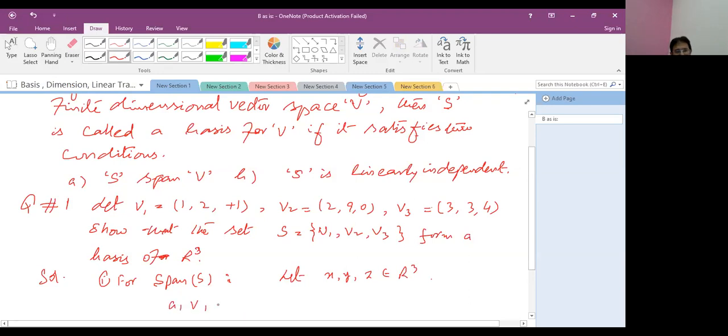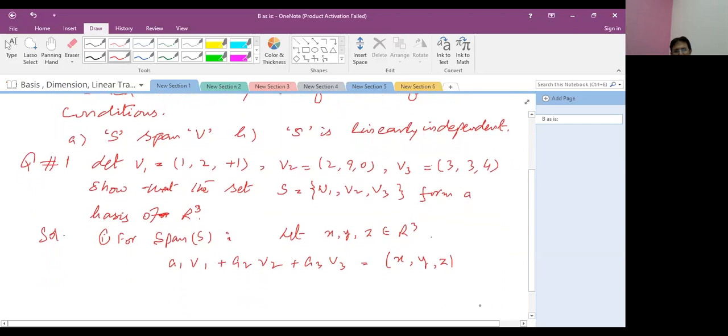A1 V1 plus A2 V2 plus A3 V3 equals (x, y, z). So student, A1 V1, it means there are three vectors. So we will write the vector equation A1 V1 plus A2 V2 plus A3 V3, which is equal to (x, y, z).